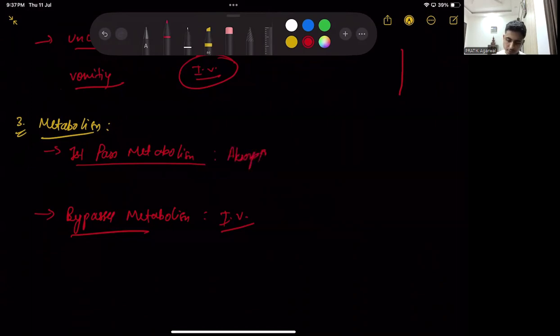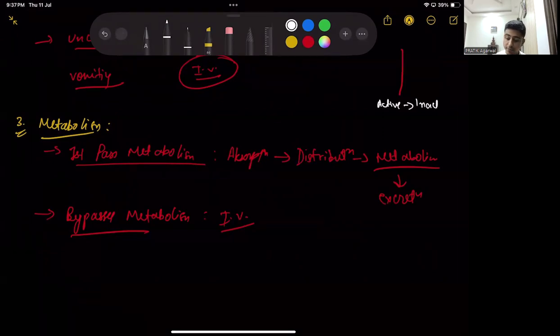Absorption occurs. Absorption then leads to distribution. Distribution then leads to metabolism, where first pass metabolism occurs, and then excretion. Now, in this part where metabolism occurs, an active drug can become inactive or less active, and an inactive drug can become active.